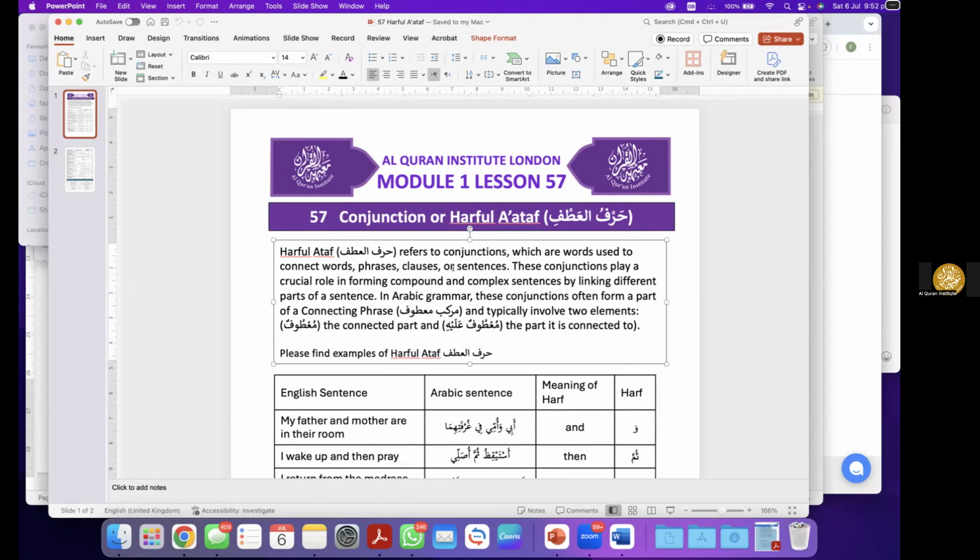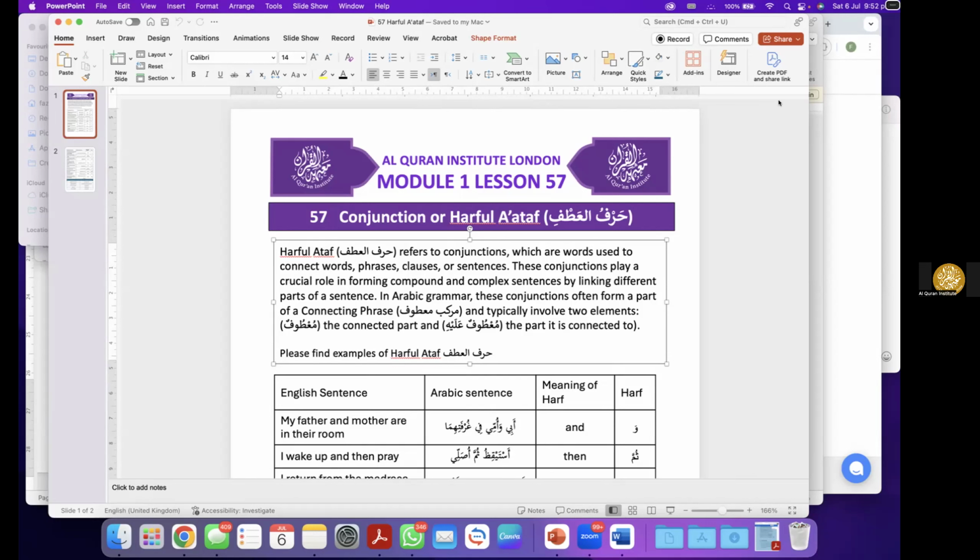Can we just go over this again once more? Phrase and clause. Could somebody explain this for the benefit of others? Phrase, murakkab; clause, sila.